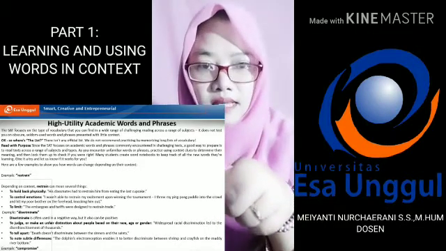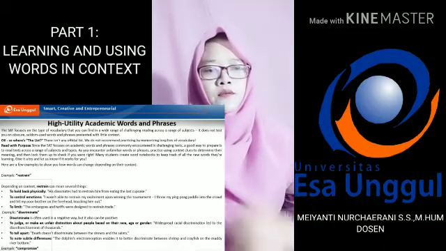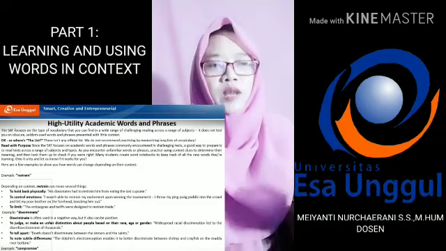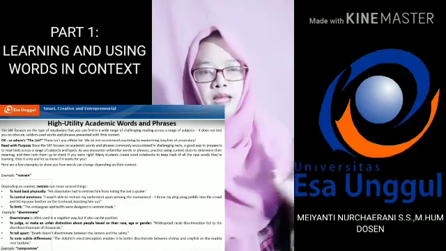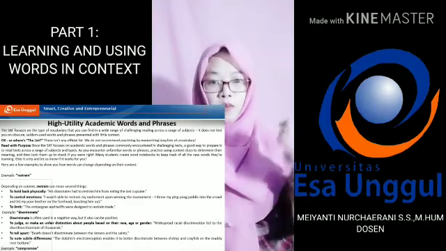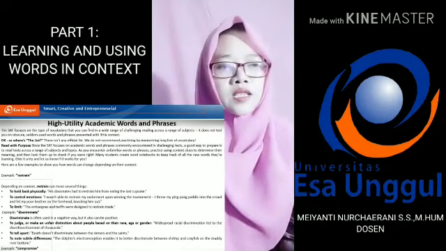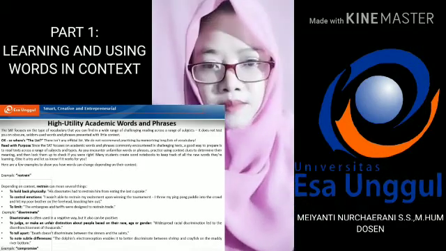I'm giving you the example first for restrain. To hold back physically, it's just like this: his classmate has to restrain him from eating the last cupcake. So it means to hold back physically. And then, I wasn't able to restrain my excitement upon winning the tournament.